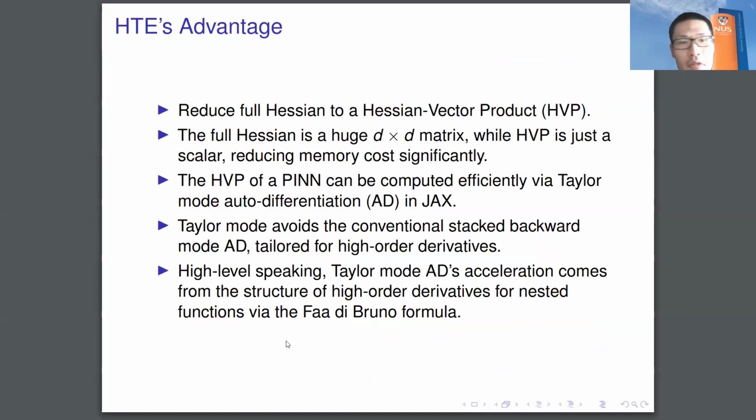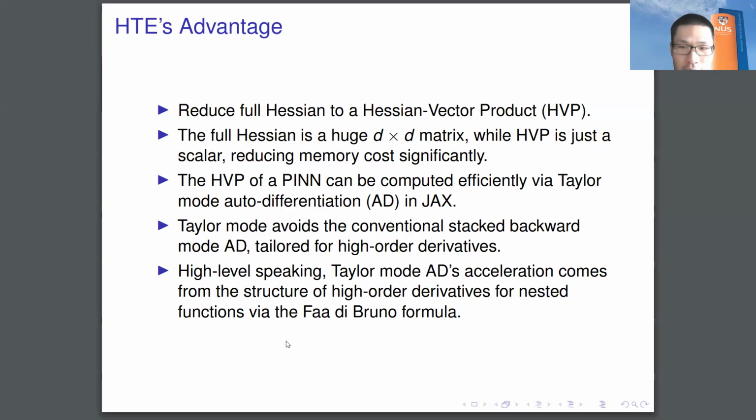As I mentioned, we reduce the full Hessian to a Hessian vector product. The Hessian is a huge D times D matrix, but the Hessian vector product is just a scalar, so we reduce the memory cost significantly. Another good thing is that the Hessian vector product of a PINN can be computed efficiently via Taylor mode automatic differentiation in JAX.